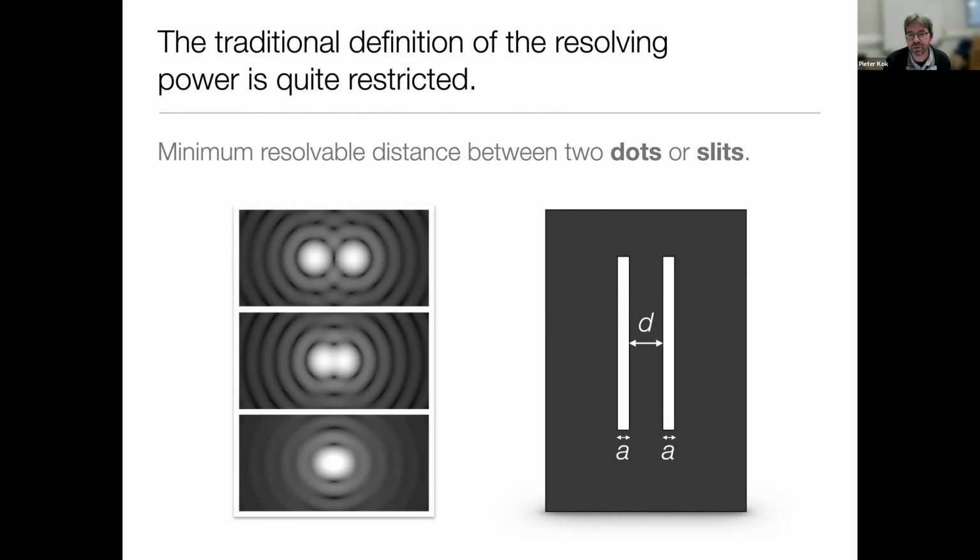If we look at the image on the left here, in the image plane, we have two dots that create point spread functions, and when the two dots get too close together, they basically become one dot. Right, so there's a limit to how close the two can get before you can no longer see that there are in fact two of them.